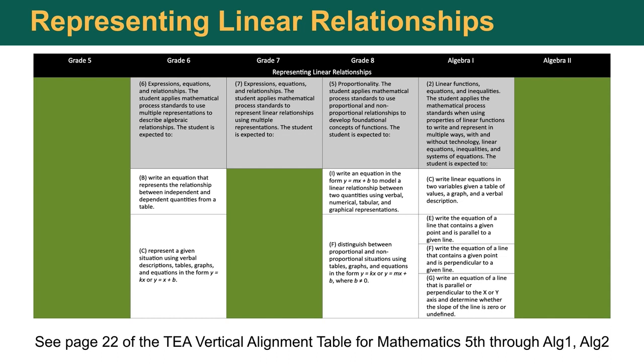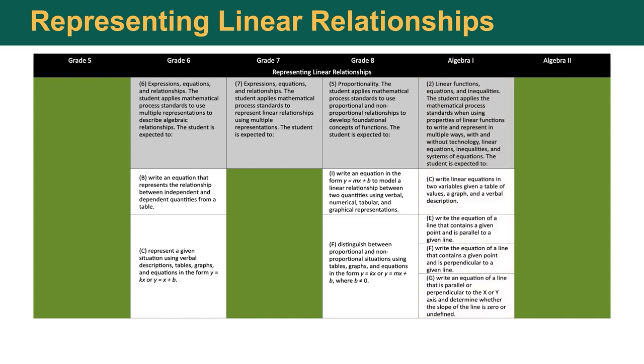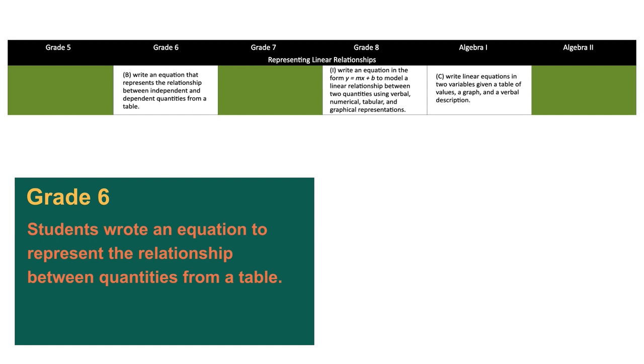The vertical alignment for representing linear relationships 2C, 2E, 2F, and 2G is shown. Students in 6th grade used the table to write an equation to represent the relationship between independent and dependent quantities.